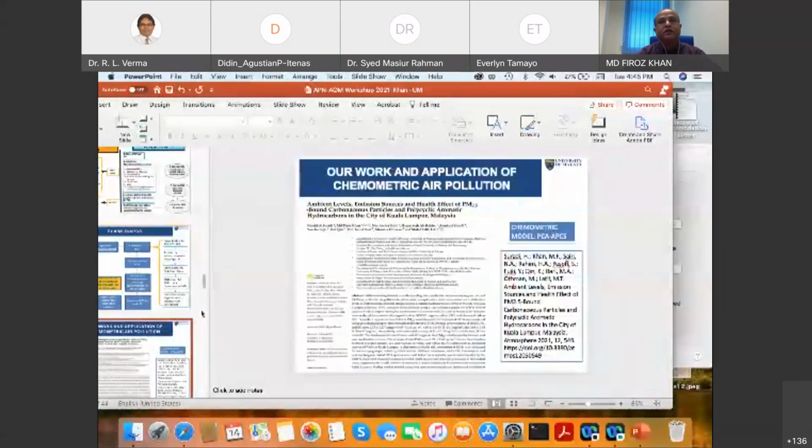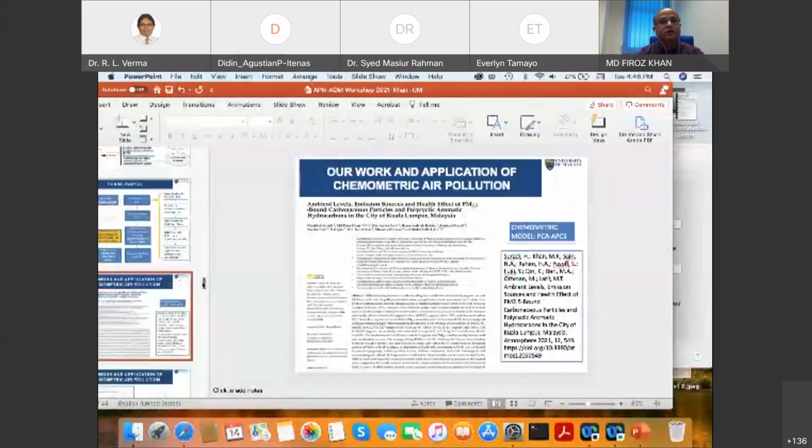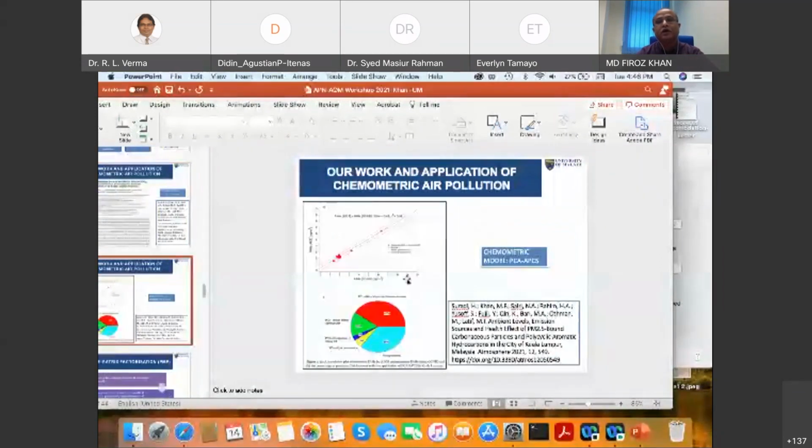Let's proceed here. Some example applications from our group, our students, they often make use of chemometrics models. One example here by Suradi, recently published, and she used the PCA, APCS method. If we look into her calculation here, she used a chemometrics model on the concentration of polyaromatic hydrocarbon.